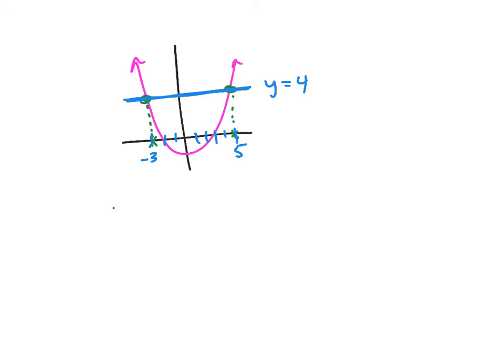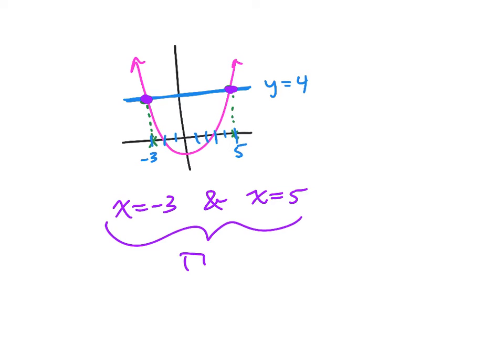So you're going to say x equals negative 3 and x equals 5, right? So here are those points. So there's two solutions, right? Because the parabola goes down and then it goes back up. So that's something you're going to see.